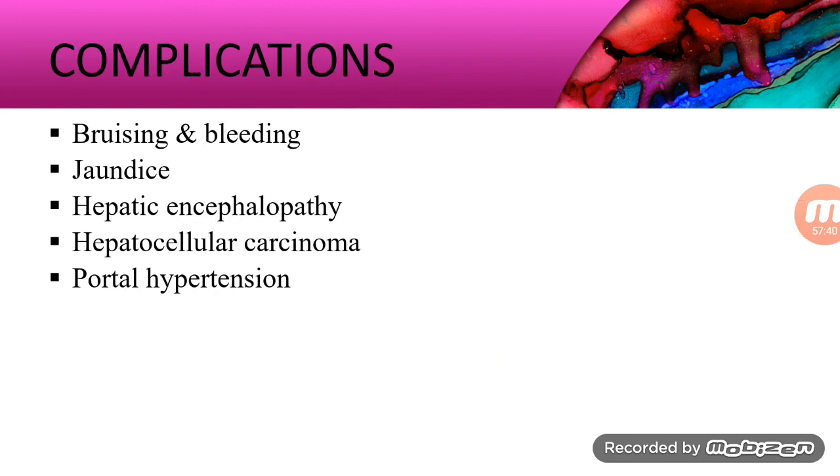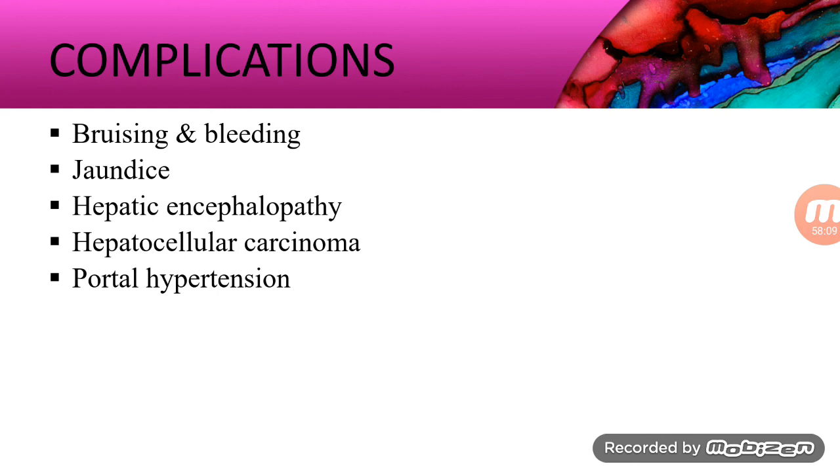Then complications: bruising and bleeding. Bruising means scarring of the tissue. Then bleeding can occur. Then jaundice is also one complication. Then hepatic encephalopathy, as I already mentioned before. Then hepatocellular carcinoma, which is cancer of the liver. Then portal hypertension.